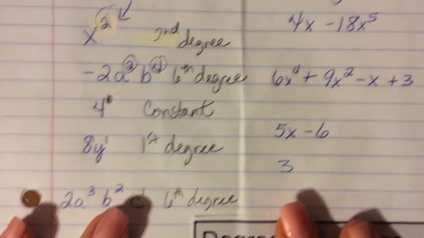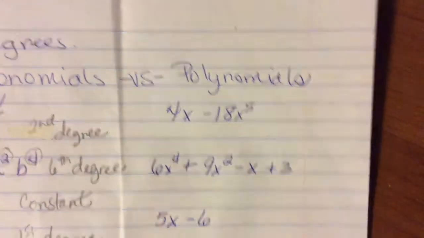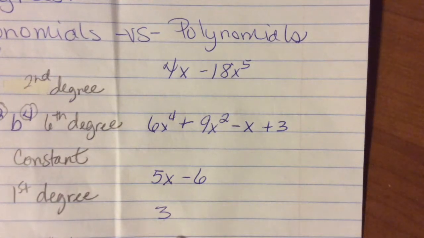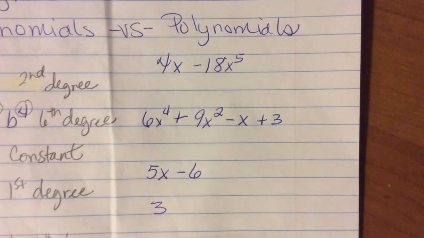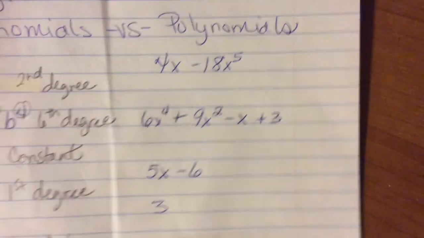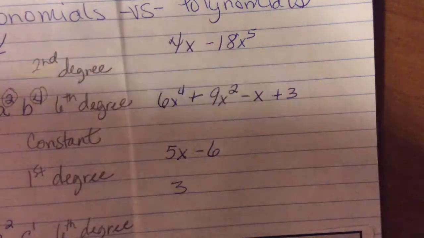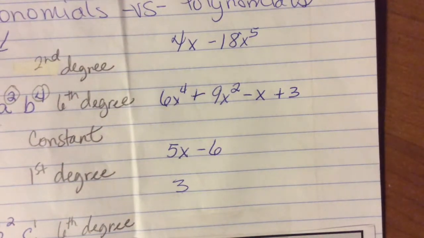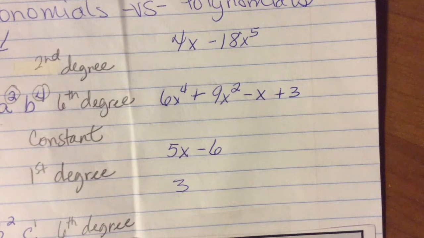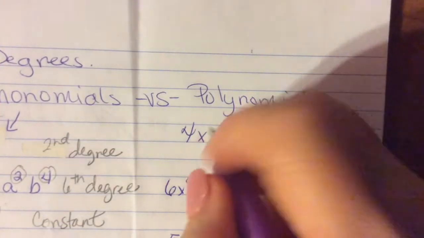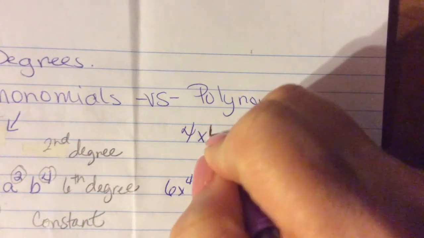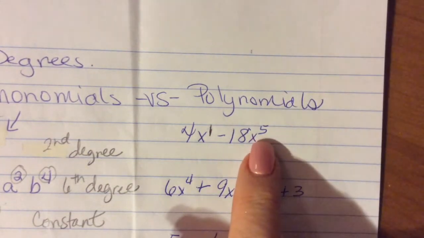Now when you look at polynomials, and you'll know it's a polynomial because the terms are separated by addition or subtraction, you look for the term that has the highest degree. In this top one, this x would have a 1, and this one would have the 5.